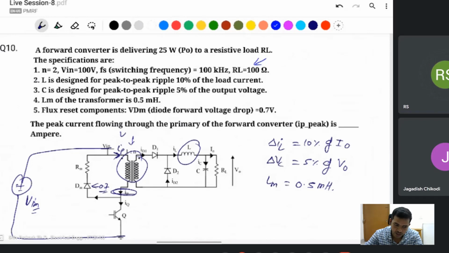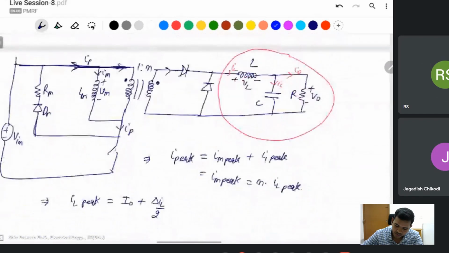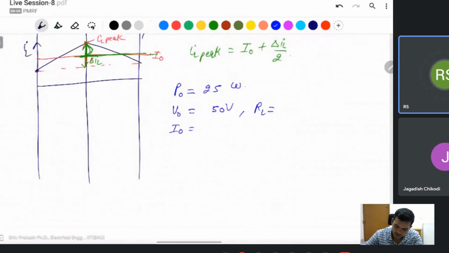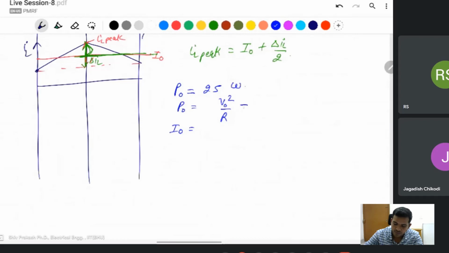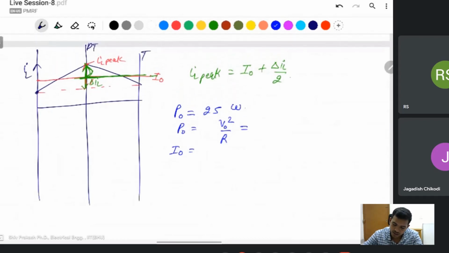Sorry, output voltage is not given, so calculate it: output power is 25 watt, and P output is V output squared divided by R. Taking V output as constant, V output squared is equal to P output 25 into resistance 100, so V output is 50 volt.